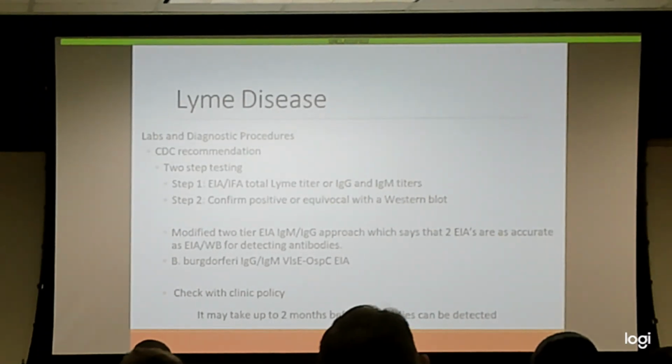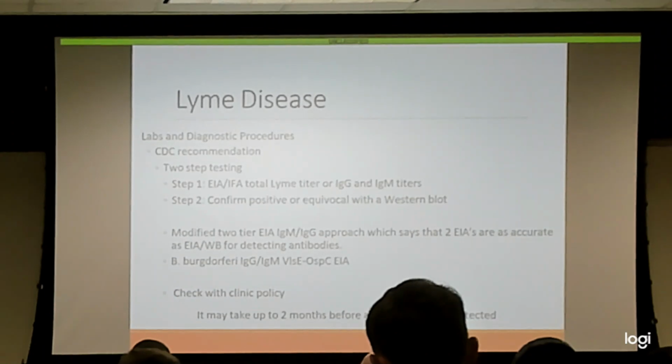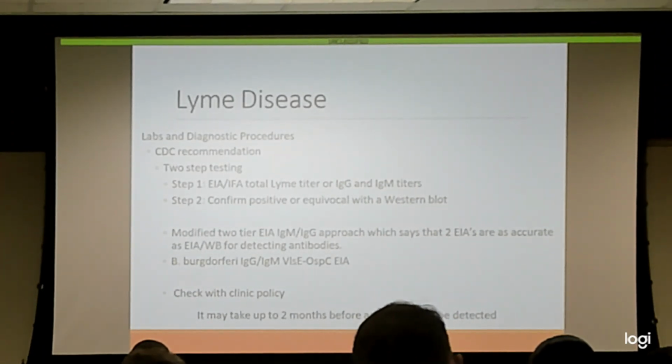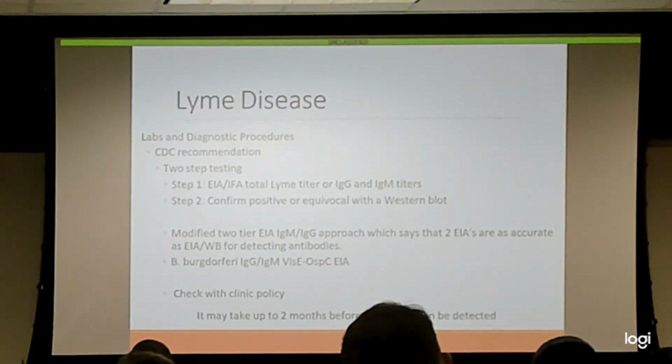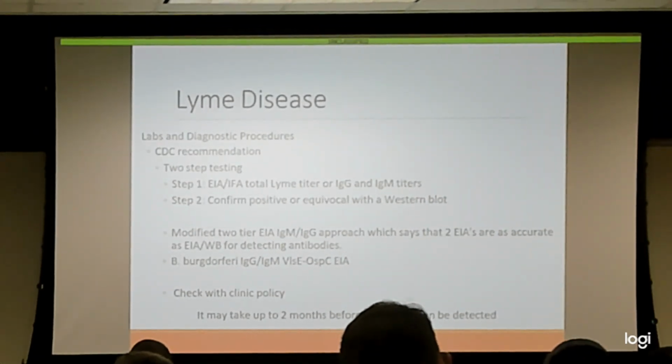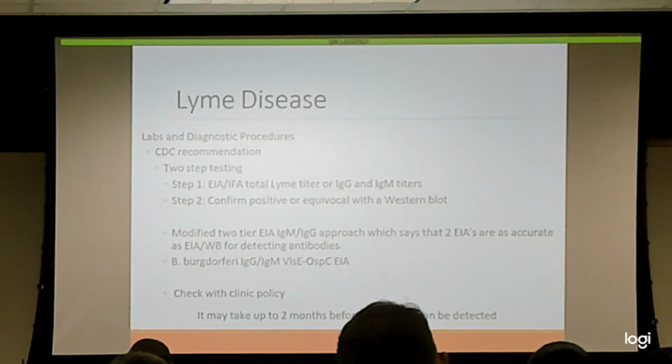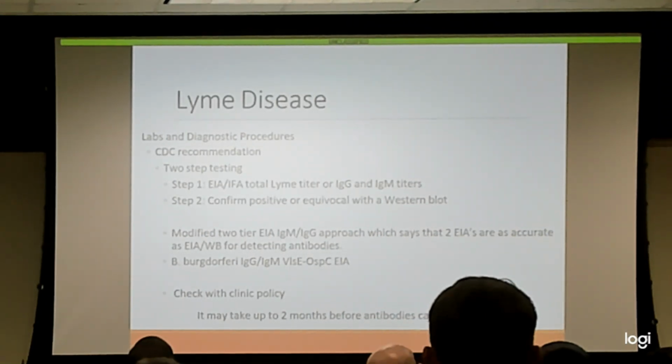Here's the labs. If you do EIA or IFA, you have to do a confirmatory test with Western blot as your second step to verify. You can do 2 EIAs, and then you can substitute that Western blot if you have 2. That VISIC UPS PC EIA, that one looks for a specific protein on the bacteria itself, so it's a little bit different than some of the other ones.